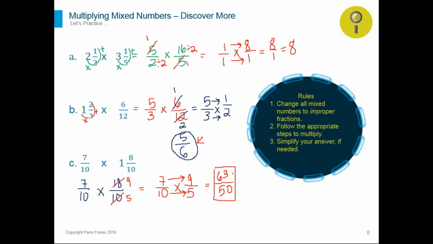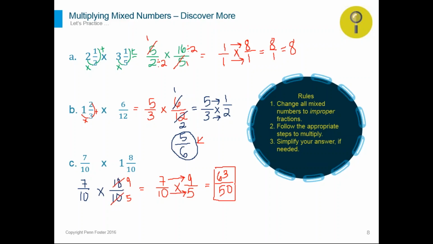So let's remind ourselves of how we changed an improper fraction to a mixed number. We asked ourselves, how many times will 50 go into 63? You will figure it out, it's going to be once, 1. Or for bigger numbers, if you have like thousands here, you're not going to waste your time thinking about that, you can use your calculator.